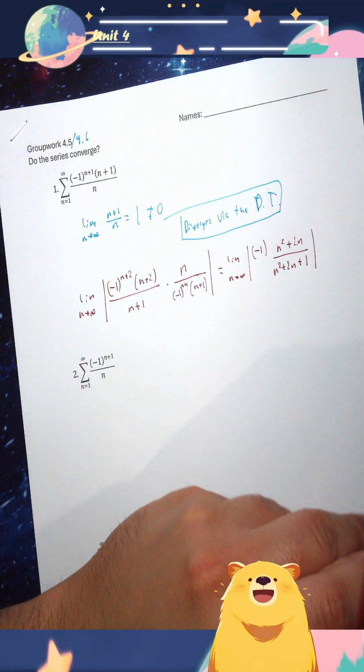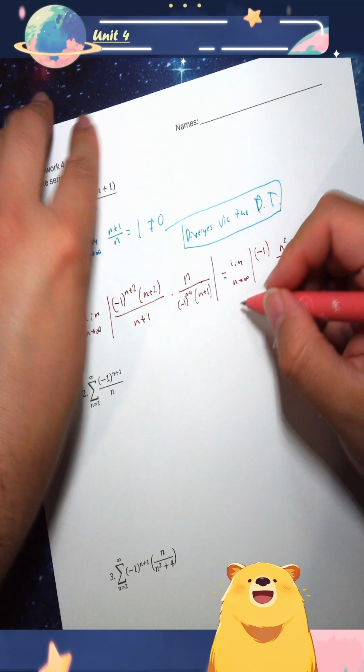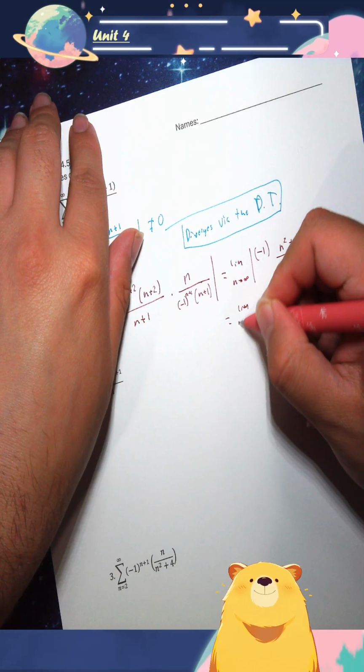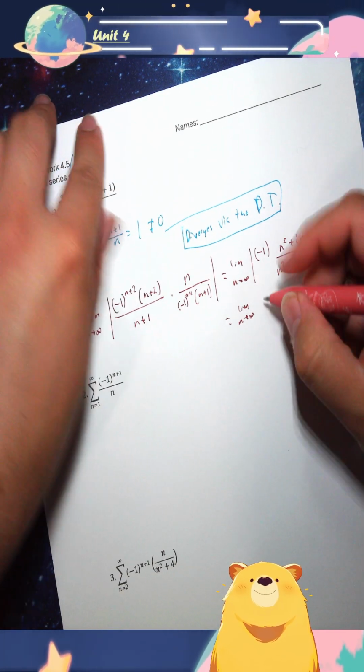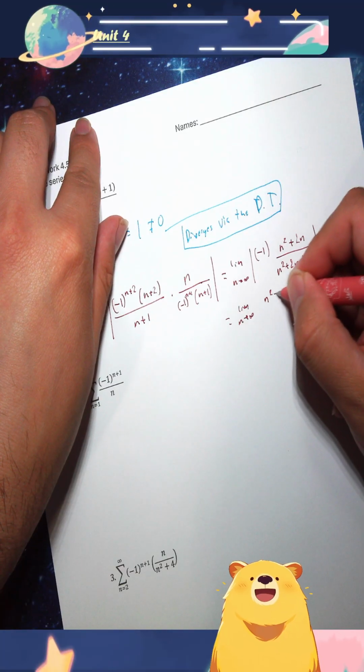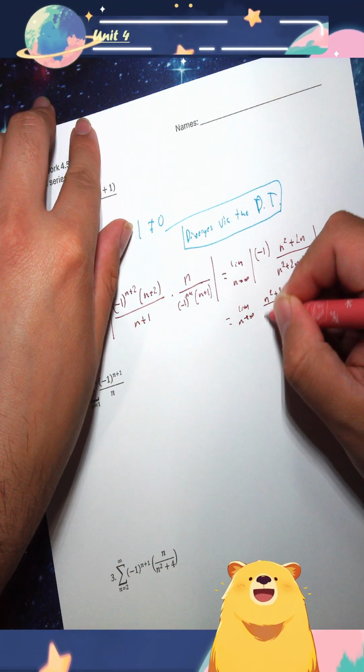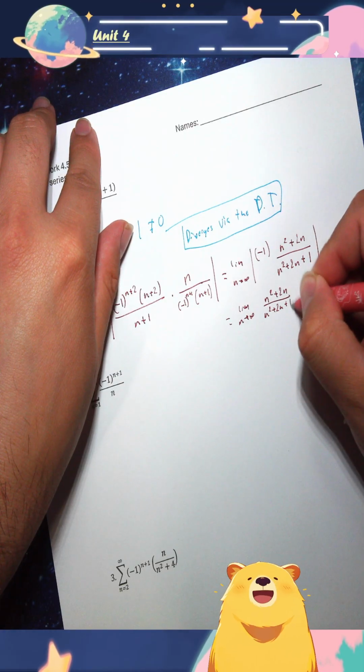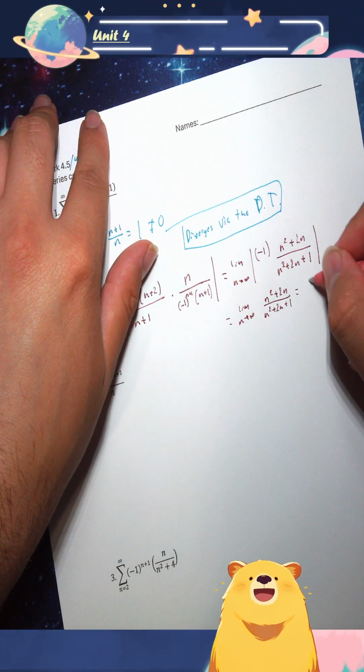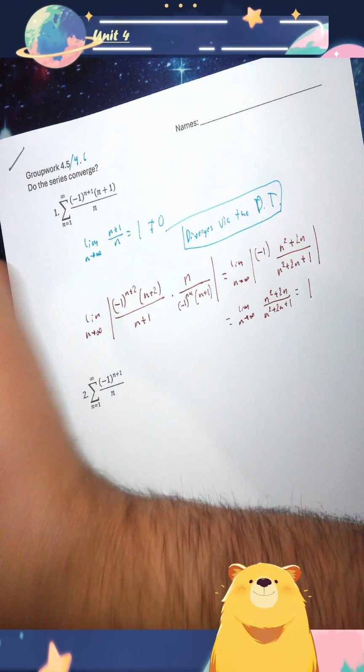So in that case, take the absolute value. You have n squared plus 2n over n squared plus 2n plus 1, which is a balanced expression, so the limit is 1.